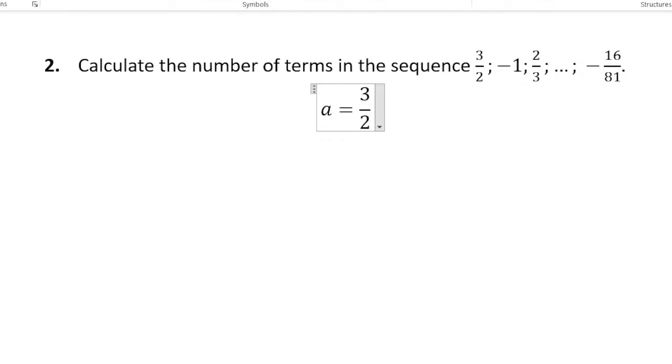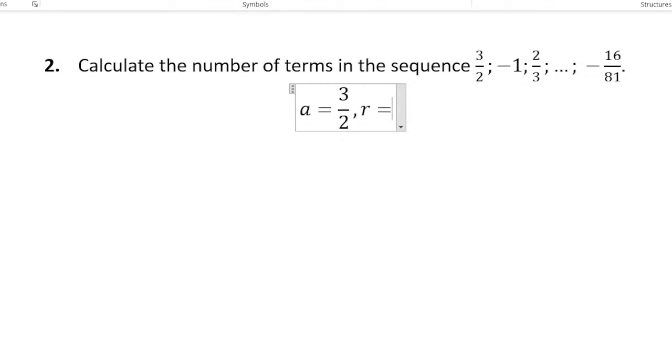Now let's get the value of r, the common ratio. Remember, r is equal to the successive term divided by the previous term.